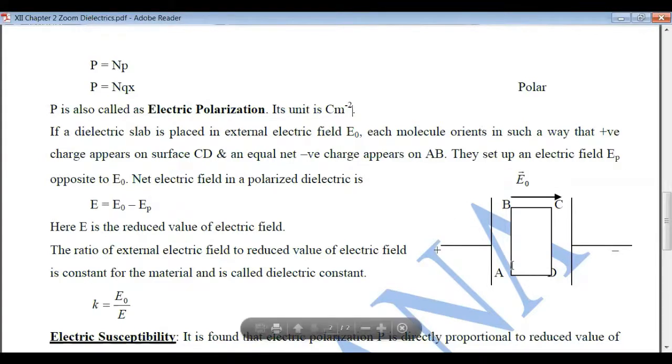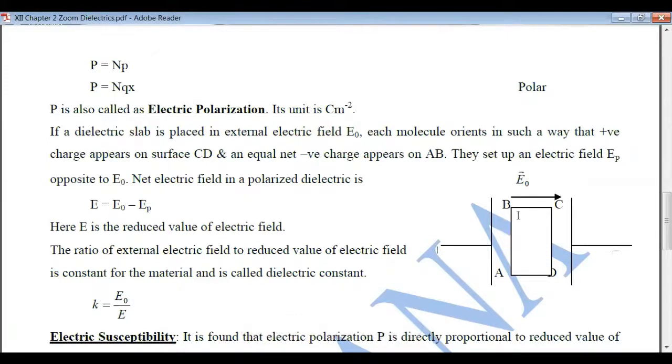Now we have placed a dielectric slab ABCD in uniform electric field. How can the uniform electric field be created? Here this sheet is given a positive charge and the other sheet is given a negative charge. So the electric field between the sheets is uniform. Let it be E naught. Now a dielectric slab ABCD is placed in it.